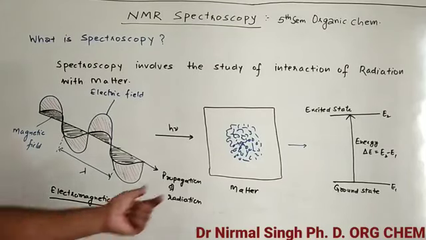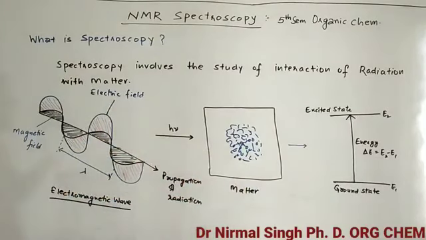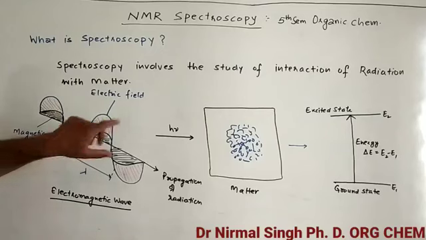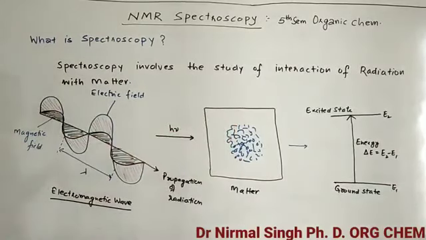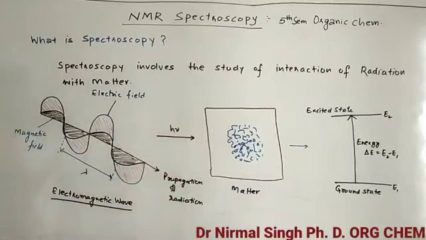Similarly, whatever the matter is, whether a compound or any molecule, it has atoms, and atoms have these energy levels. When the frequency of the radiation matches the gap between two energy levels, it absorbs light. Whether the light is absorbed by the matter or not totally depends upon the nature of the matter.